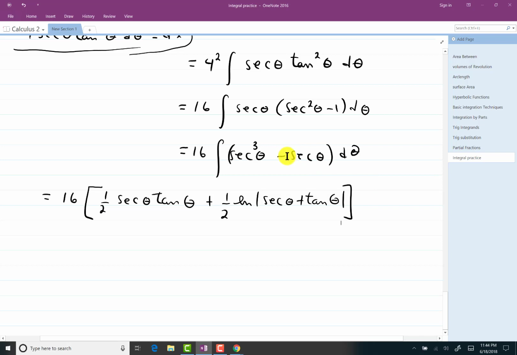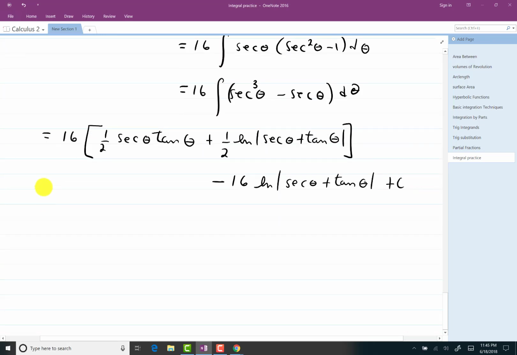Then I have this minus secant theta business, so I have minus 16 times the integral of secant theta, which is ln absolute value of secant theta plus tangent theta. And now I'll put the plus c in since all the integrals are gone.